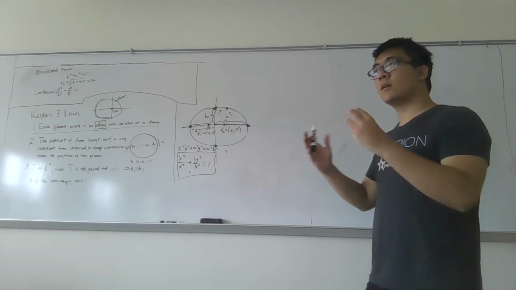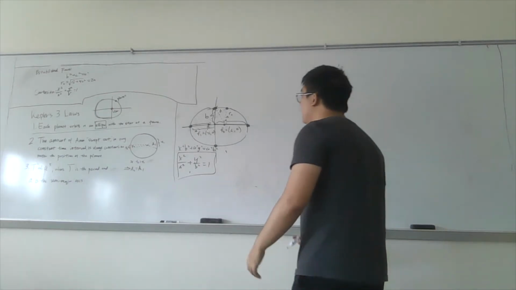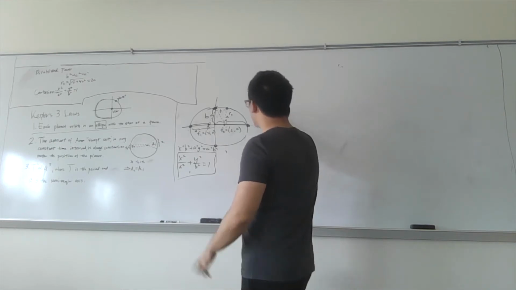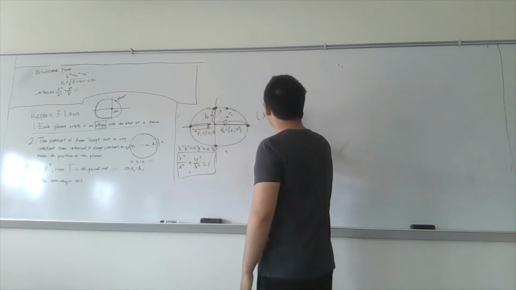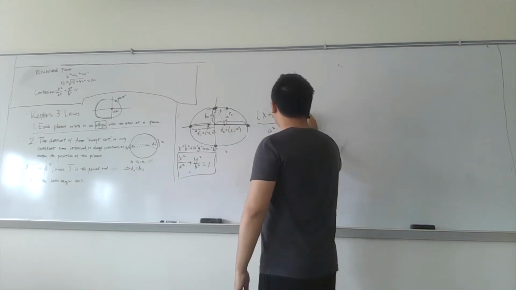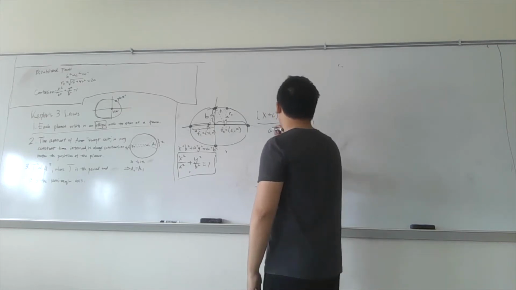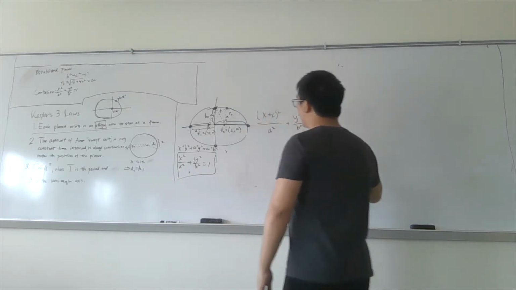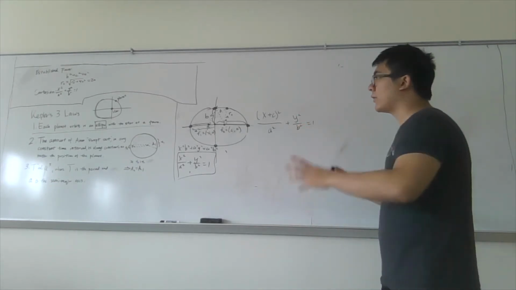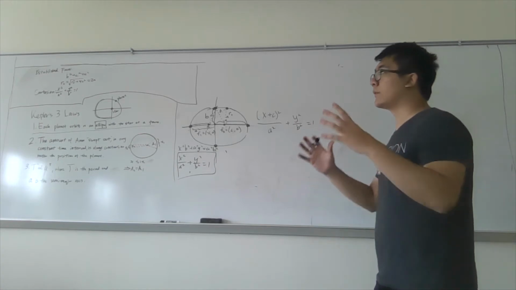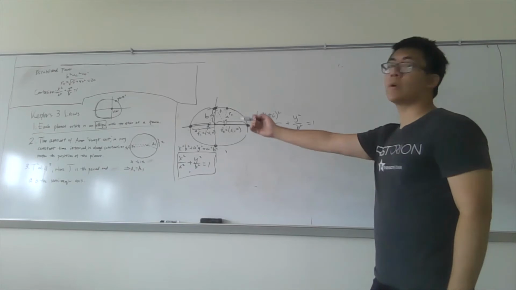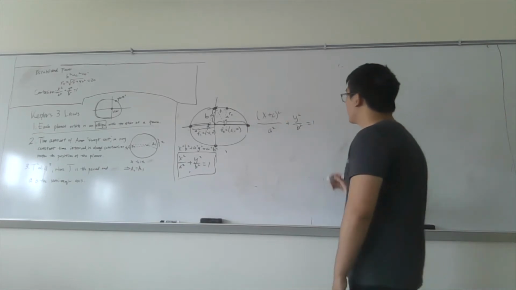To capture the second fact, we're going to shift our graph by c so that our focus is at the origin, and that'll make analysis easier when we prove Kepler's first law.